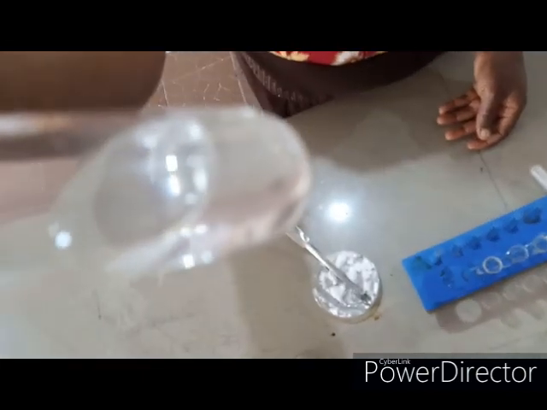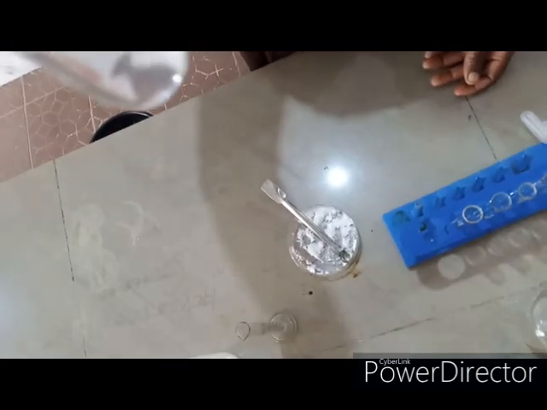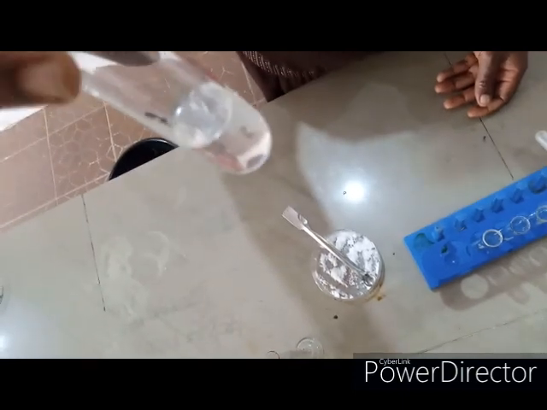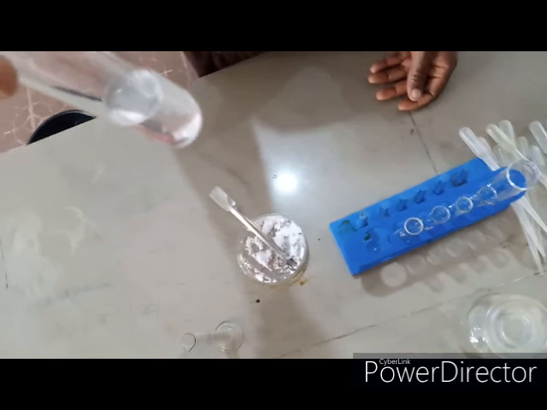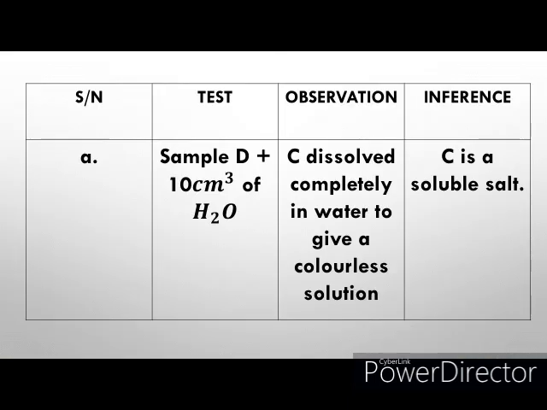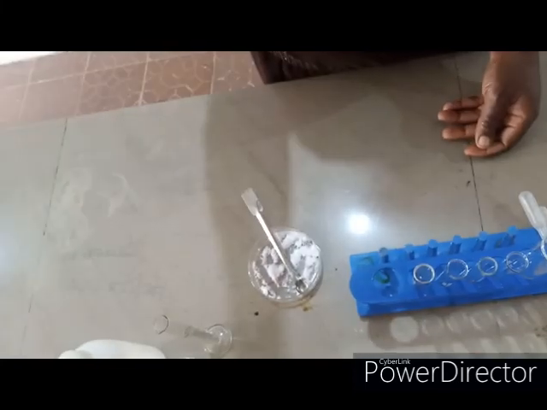As you can see, the salt dissolves completely in water to give a colorless solution. Our inference is that the salt is a soluble salt. Since the solution is colorless, we cannot infer any transition metal present.